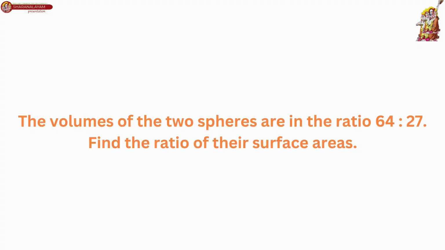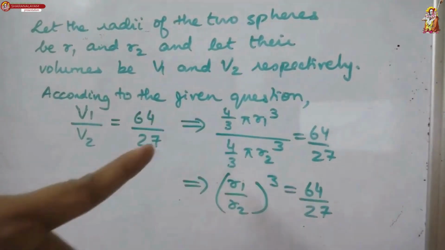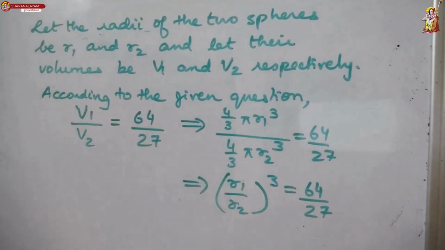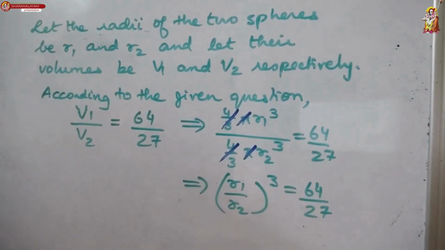The volumes of two spheres are in the ratio 64:27. Find the ratio of their surface areas. Now, let the radii of the two spheres be R1 and R2 and let their volumes be V1 and V2 respectively. According to the given question, the ratio of their volumes V1/V2 is equal to 64/27, which means 4/3 pi R1 cube upon 4/3 pi R2 cube will be 64/27, which means when we cancel off this 4/3 pi, we have R1/R2 the whole cube equals 64/27.